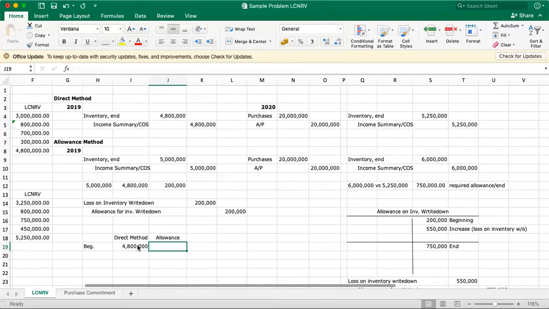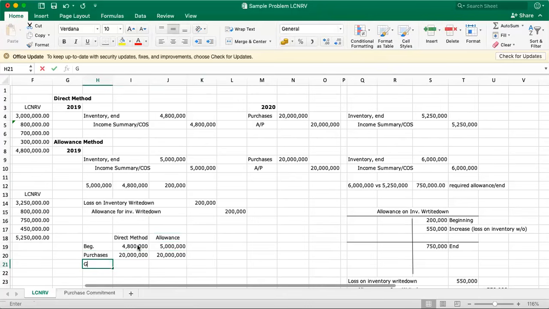For the allowance method, the beginning inventory is 5 million. Wala pa nato i-consider ang allowance account. Tapos, purchases, same, that's 20 million.